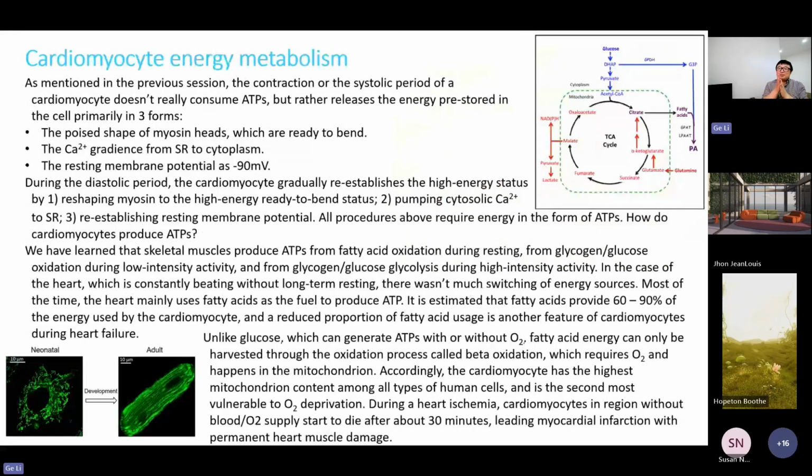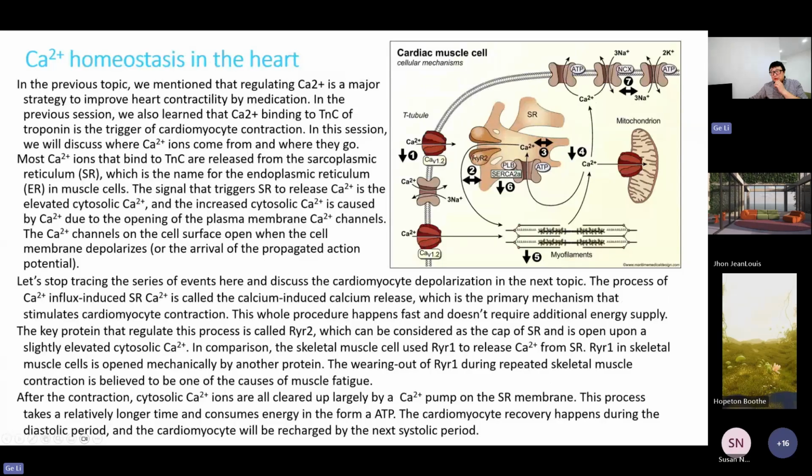Okay, let's move on. The next thing, we already talked about this in the lab. Just imagine why our heart never feels tired. There are many reasons for this. One of the things is actually here. Between RYR2 and the calcium, there's no direct physical interaction, so RYR2 actually lasts much longer than RYR1 in the skeletal muscle.